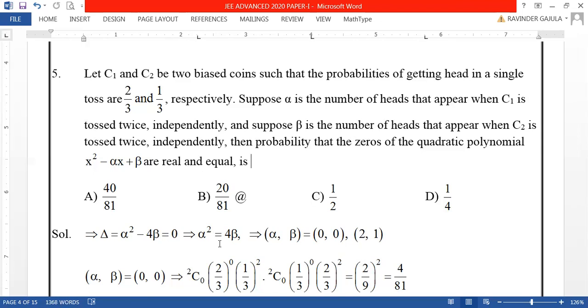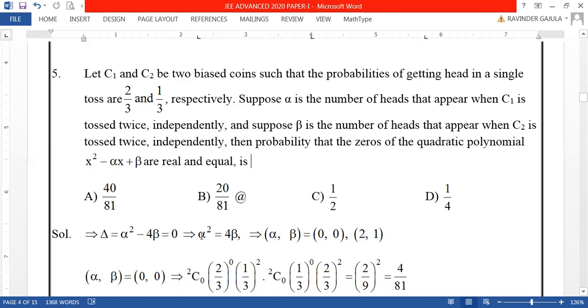Then what will be the range of alpha square? The range of alpha square will be 0, 1, 4. Got the point? But what is the range of 4 beta? 0, 4, 8. So like that, consider the possible cases of alpha square equal to 4 beta.